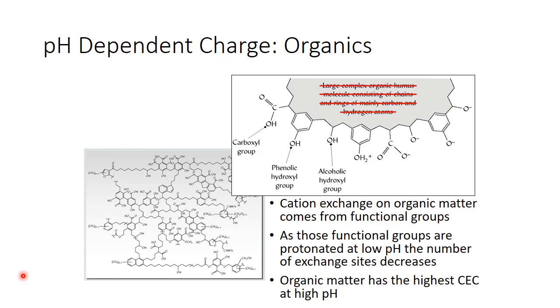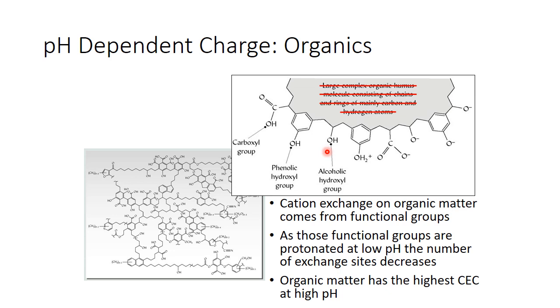Now there are other pH-dependent charges, and one of those comes from organic compounds. So at a low pH, where there's a lot more hydrogen in solution, these functional groups, so carboxylic, phenolic, and alcoholic groups, these all are protonated and there's no charge. So that negative charge has been filled up with a hydrogen.